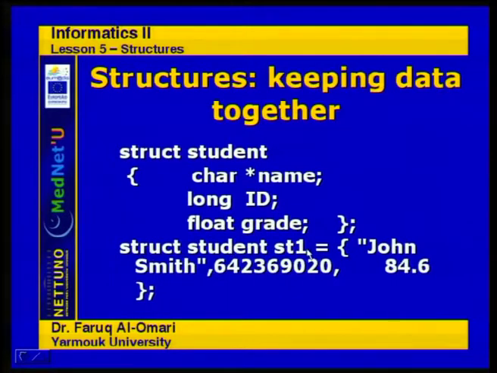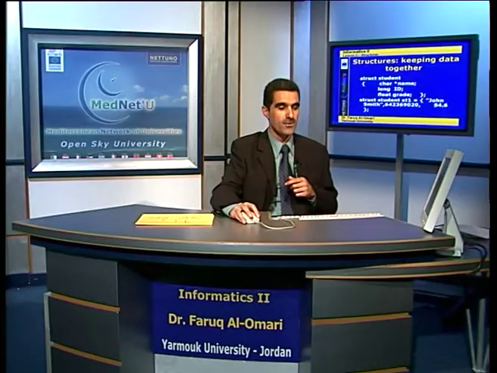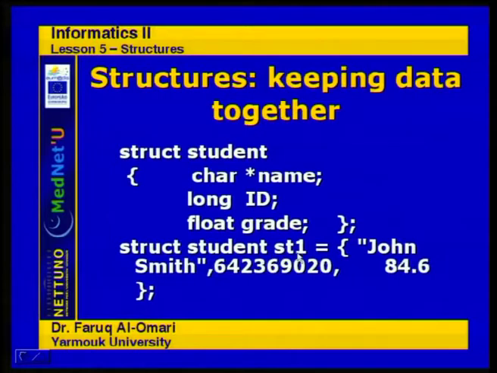And in my declaration statement of this st1, I'm initializing this structure. So the student name I'm having is John Smith. His ID is so-and-so, this long number, and his grade is so. So that's the declaration statement and initialization, as a matter of fact, of this st1. So again, remember, st1 is the variable, and student is the structure, the data type.